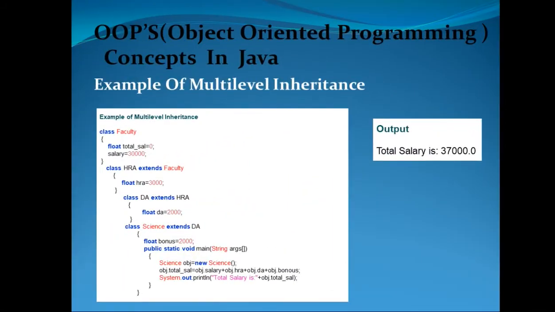So this is the example of multi-level inheritance. Here we have the base class faculty and another class, HRA, that extends faculty, and after that we have another class, science, that extends the DA class.